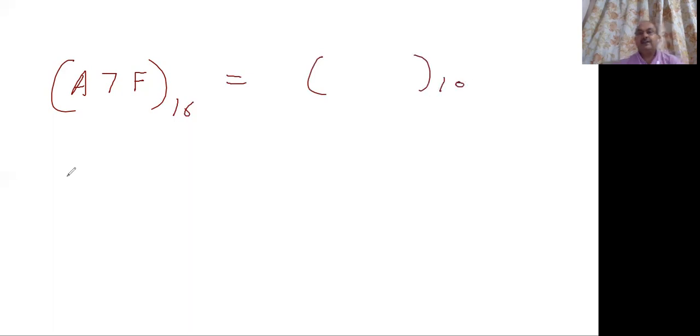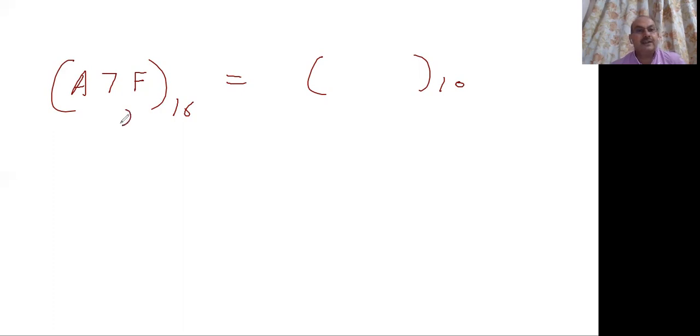Let's do another question. Suppose the question is 7AF, or let us try to make it a little more complicated. Let's say A7F. This is a hexadecimal number, and it is said that you convert it into a decimal number. No problem.